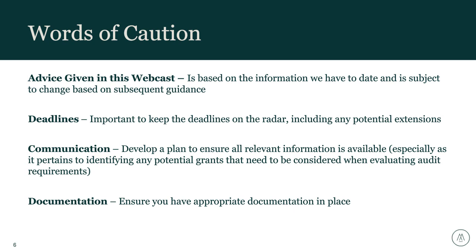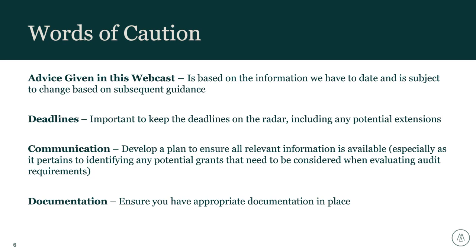Communication is one of the other things that we really want to stress here, especially as it pertains to the audit requirements. The PRF fund is probably a big grant that's been provided to a lot of our organizations for the first time this year. That's a federal grant, and that likely is the case, but there could be other potential grants that may fall under audit requirements, even if it didn't come directly from the federal agency.